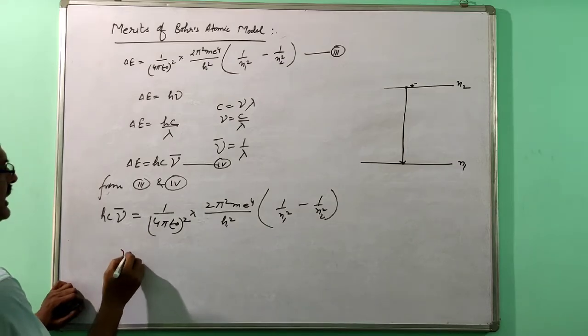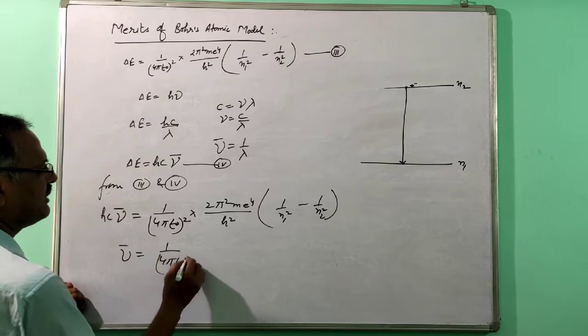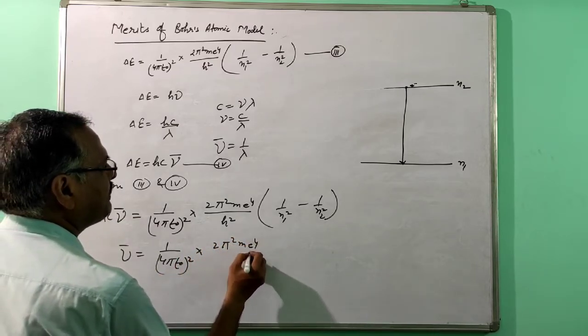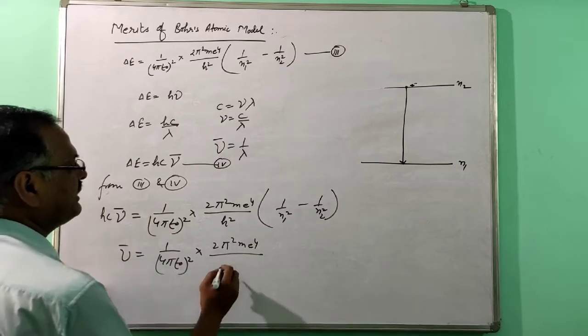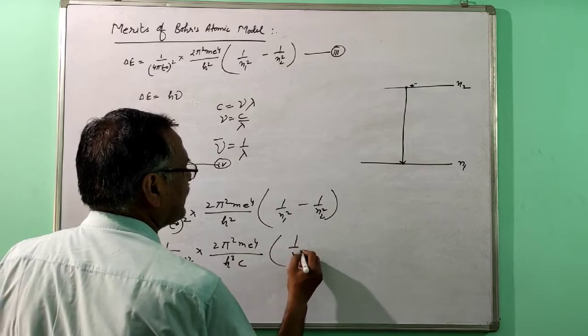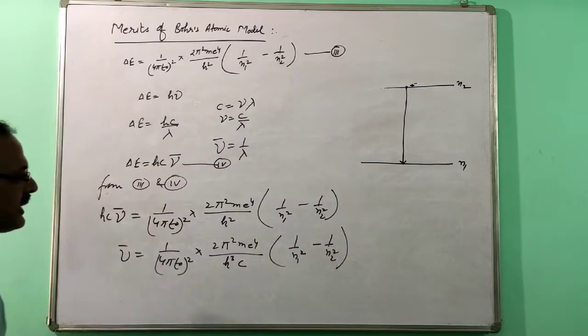So we can write mu bar is 1 upon 4 pi epsilon naught whole square, 2 pi square me power 4. If you take this, then you will get h cube c, into 1 upon n1 square minus 1 upon n2 square.